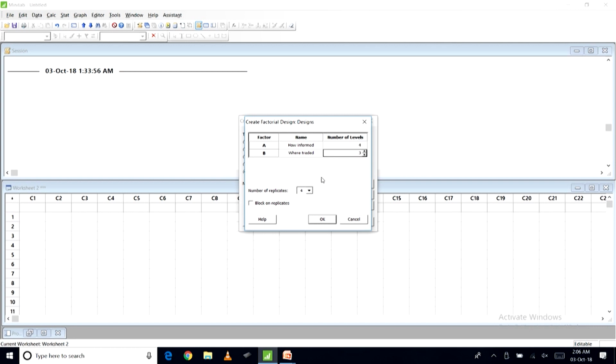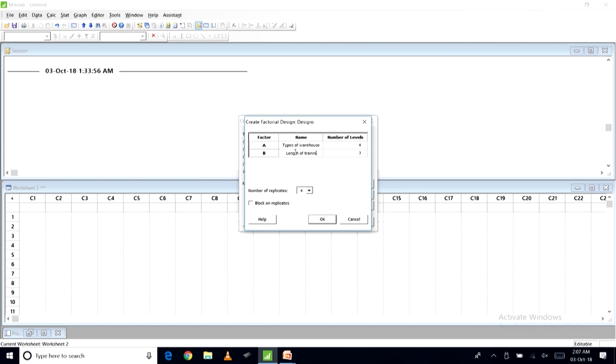So, there are 4 types of warehouses, right. So, this can be types of warehouse, and the other one is training session, or length of training session.